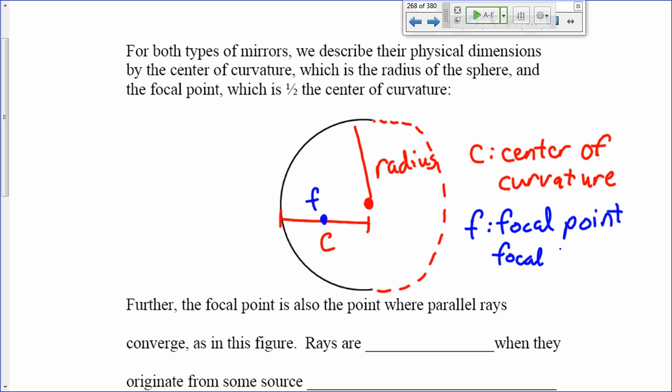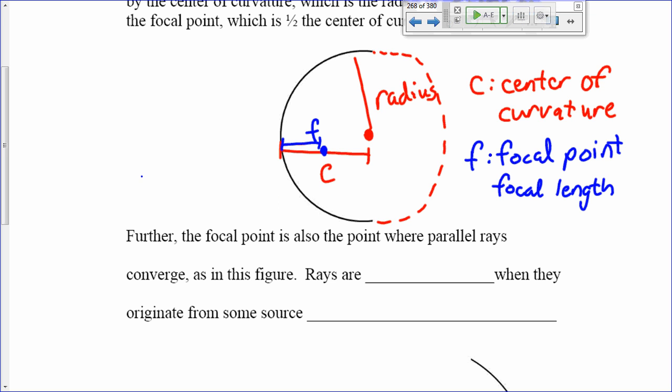Those are basically the same thing, though technically the focal point is the point F, and the focal length is the distance from the reflective surface to that point. So we can define them geometrically in that way: the center of curvature is the radius of the sphere, and the focal point is 1/2 of that. So F is equal to C over 2, half the radius.